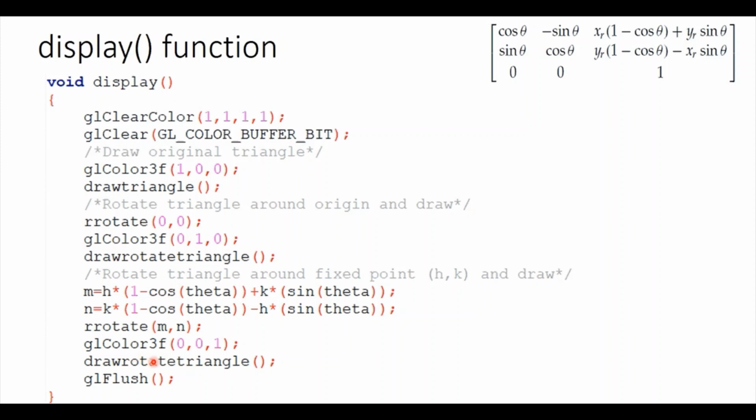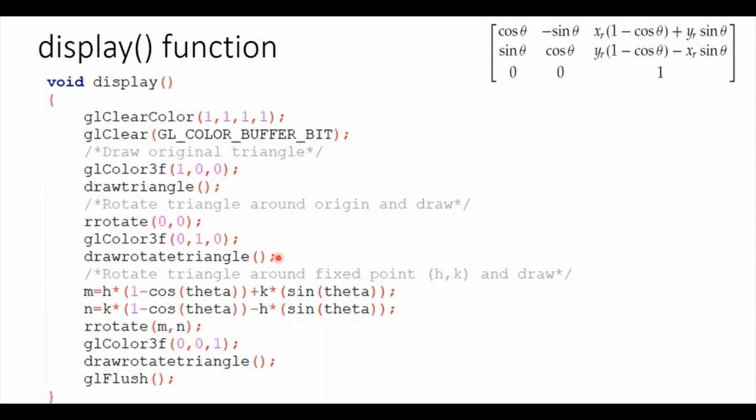So that will be drawn, and then I am flushing the output. So this, guys, will give us the complete display function of this program. This display function sets the background color, draws the original triangle, performs rotation around origin, then draws the rotated triangle around the origin.